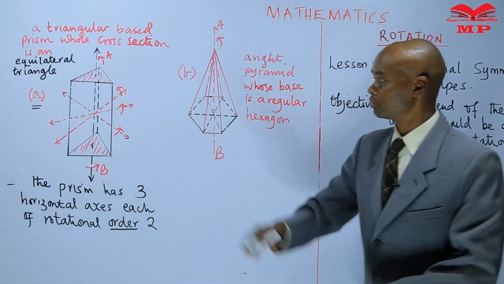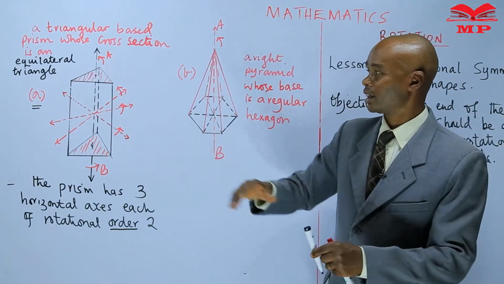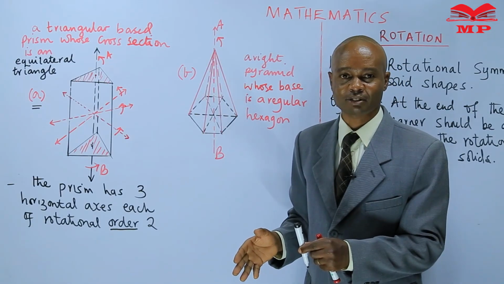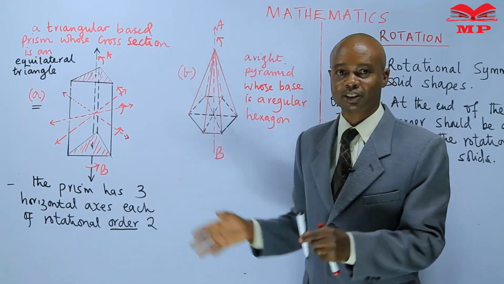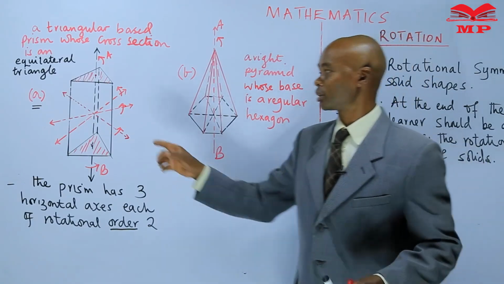What does that mean? If you rotate that prism, after half turn, it will map onto itself. Turn again, 360, it will map onto itself.